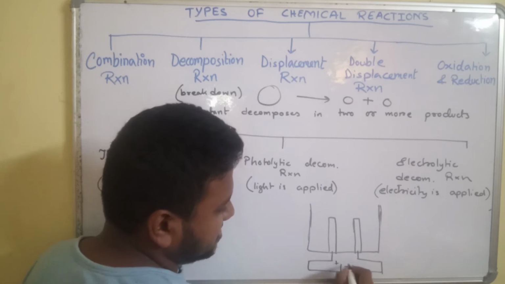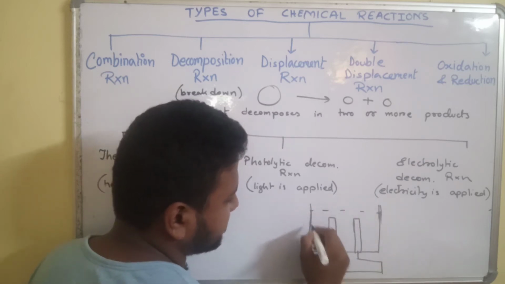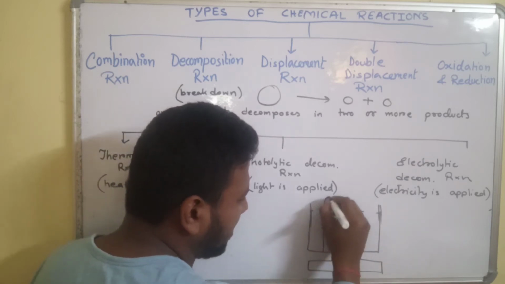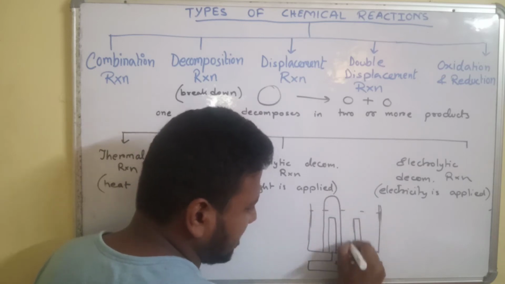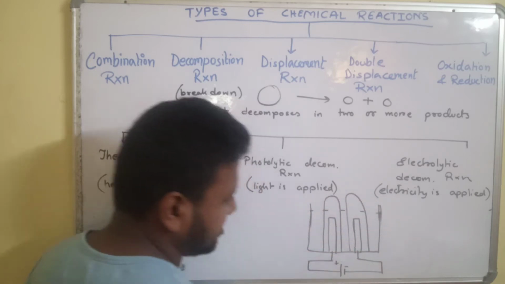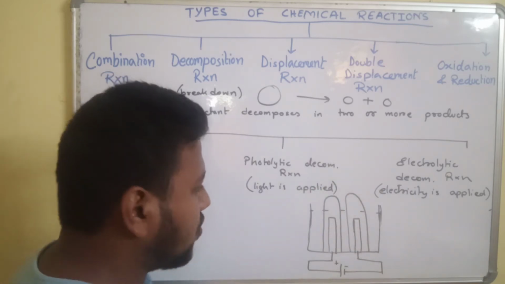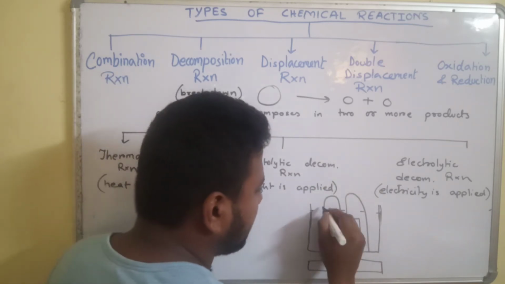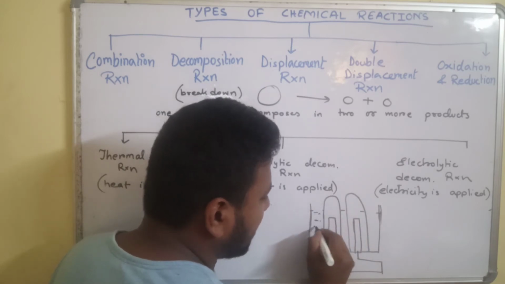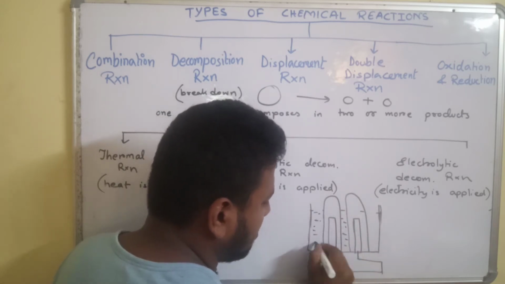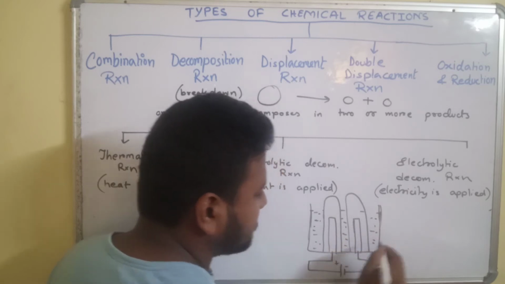So this is plus, this is minus, and we are placing a test tube which is inverted in both the sections. First of all, we are taking water in this beaker.